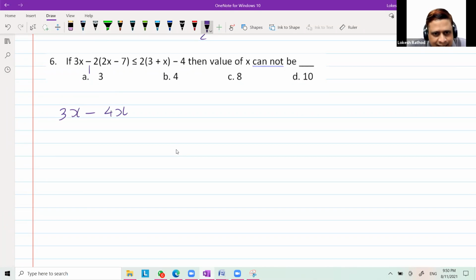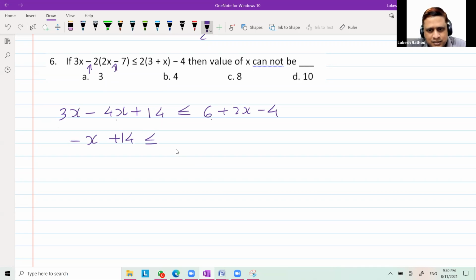Now, negative times negative will be positive. Correct? And 2 times 7, 14. Right hand side, 2 times 3, 6. 2 times x, 2x. Minus 4. Correct? Fine. Now 3x minus 4x is minus x, plus 14. And this side 6 minus 4, 2, plus 2x. Correct?